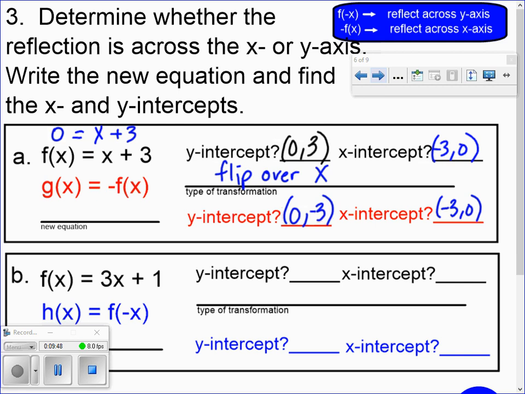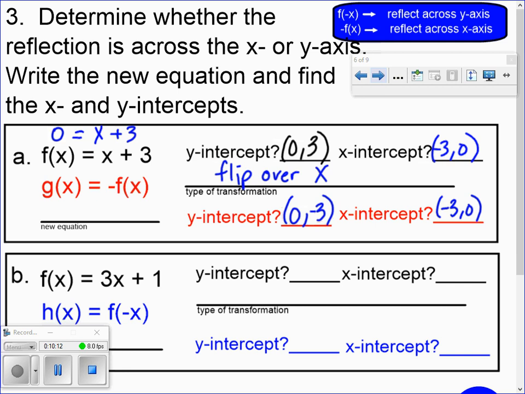What we want to be able to do here is write the equation of our line given the rule. So in this first rule, in A, we have negative f of x. What this is telling us is to take f of x and multiply everything by negative 1.